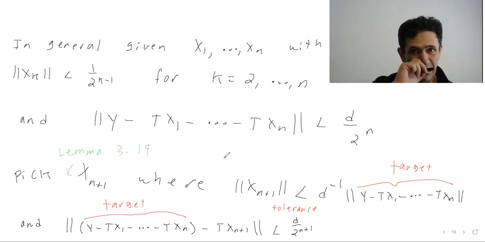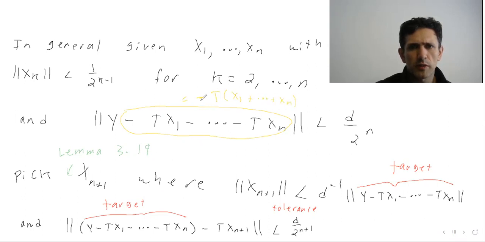And I should say this whole thing here, by linearity, is y minus t of x1 plus dot dot dot plus xn.